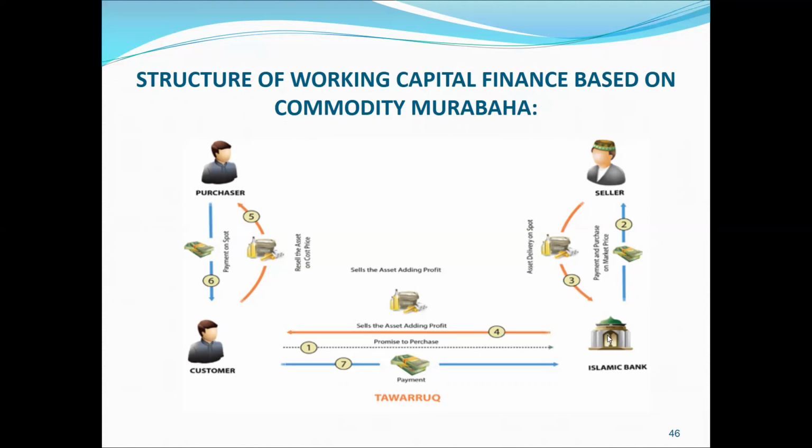Then the Islamic bank gets in touch with the seller of that product, makes a payment at market price, purchases it, and that product will be delivered to the Islamic bank. Then the Islamic bank will deliver these products by adding some profit based on the murabaha principle, like cost-plus financing, to the customer.